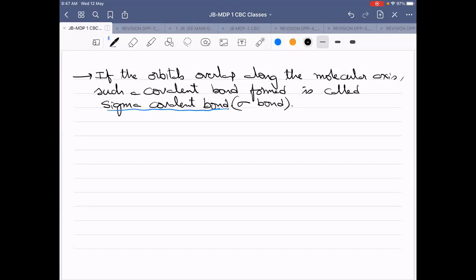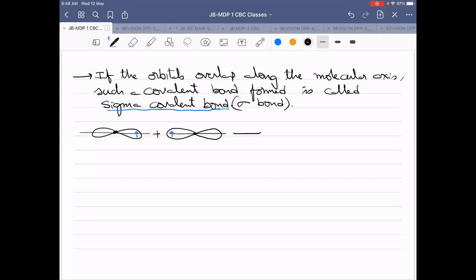Sigma bond. Okay, so if this is one atom and this is another atom, and both orbitals are overlapped along the axis, see, this is the axis, and along the same axis, the other orbital also approaches to overlap.